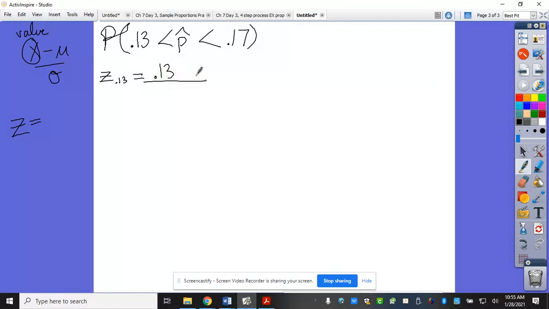0.13 minus the proportion mean, which is what? 0.15. That was in part A. Divided by the standard deviation that we already found, which is... you're going to see the same thing over here for 0.17.